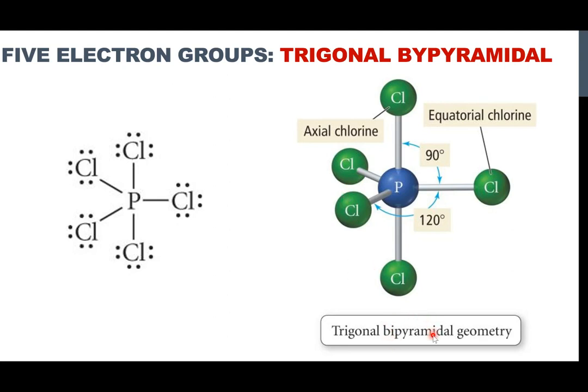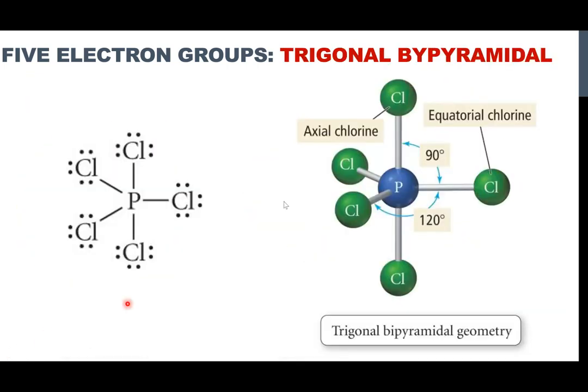So bipyramidal means there's 2 pyramids, and trigonal, it's a triangle-based pyramid. So trigonal bipyramidal. Okay, so that's our new electron species. Just like with the other ones, we could have 5 electron groups. We could also have central atoms that have lone pairs as well. So we're going to get some interesting shapes with that.